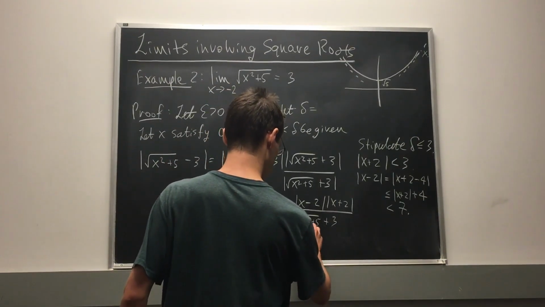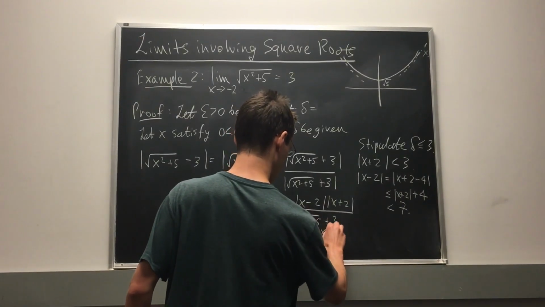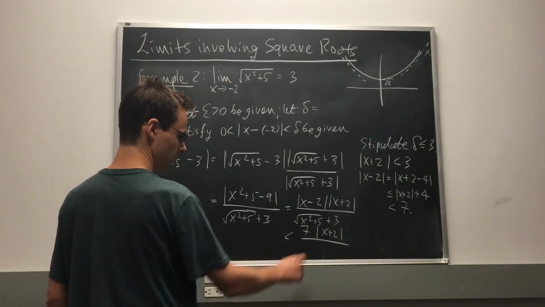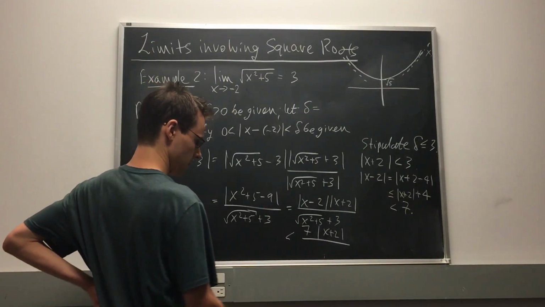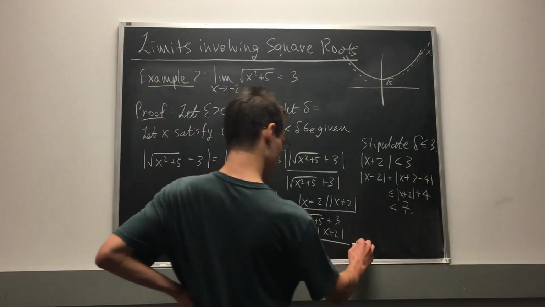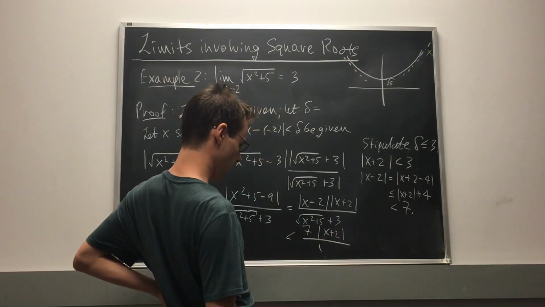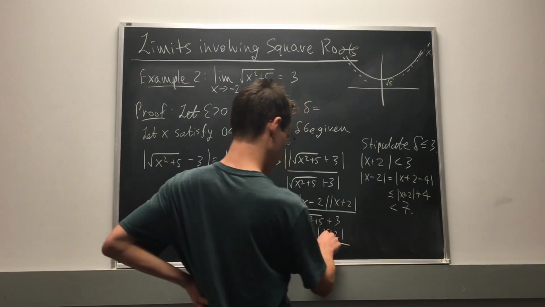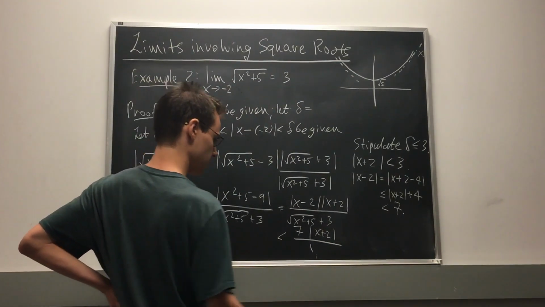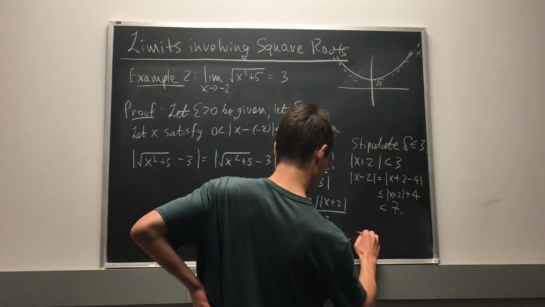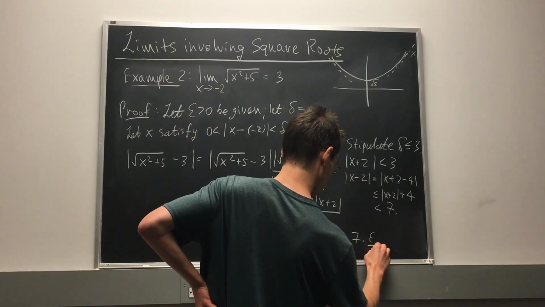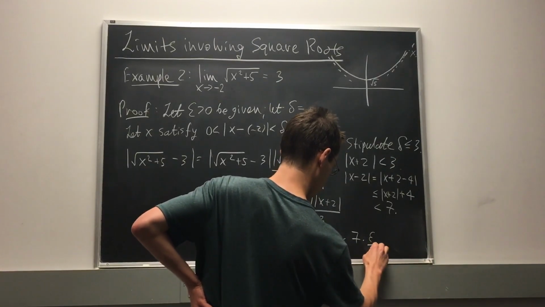So let's put in the 7 first. So this is less than 7 times |x minus 2| divided by, and now the denominator could be 3, it could be 1. Let's just make it 1. So this is less than 7 over 1 times |x minus 2|, and now |x minus 2| has to be made less than epsilon over 7. So this will be less than or equal to 7 times epsilon over 7.